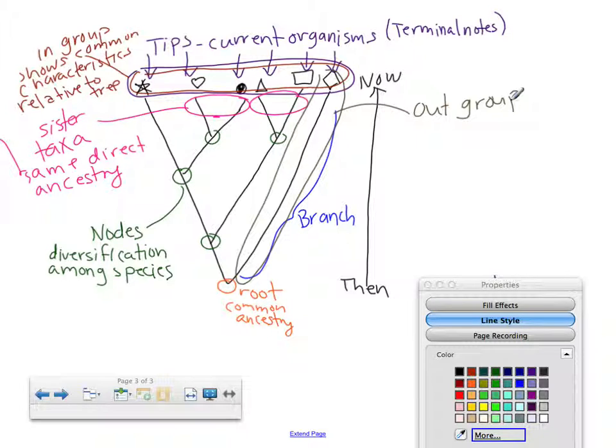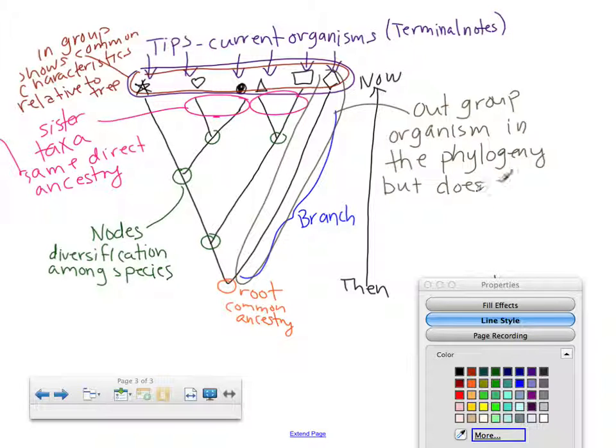These are organisms in the phylogeny but does not fit a specific classification.